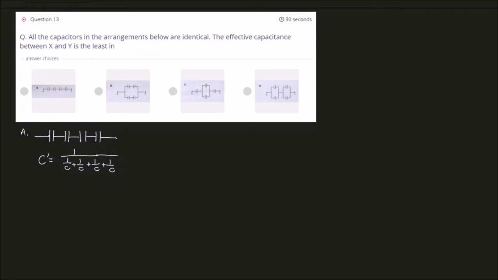There's no need to label them C1, C2, C3, and C4.